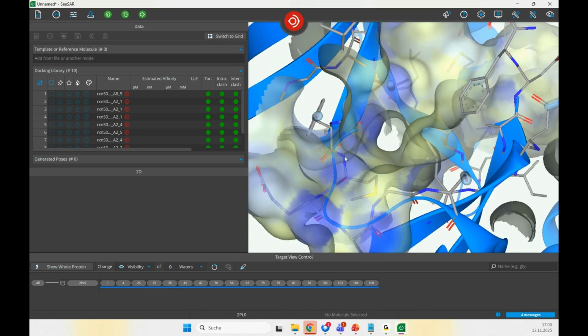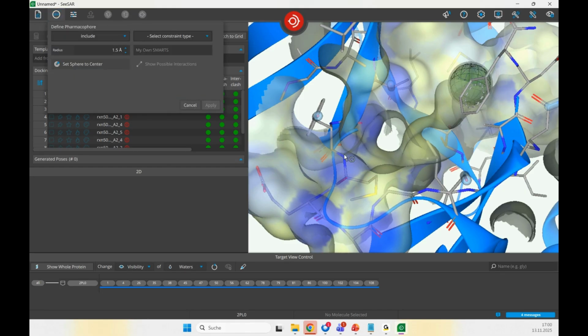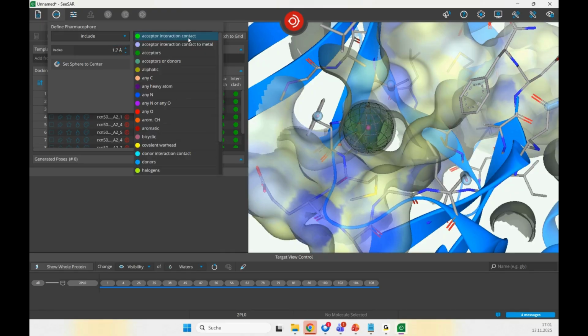So now I'm having this kinase, right? A kinase always has this hinge binding motif. Now I would like to form an interaction with this particular region. I show possible interactions, and now for the perfect geometry, an interaction spot is calculated. I can set my sphere to this particular region, increase its size if required, and select the pharmacophore constraint I would like to have there.